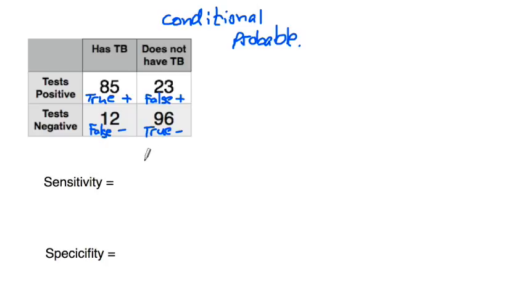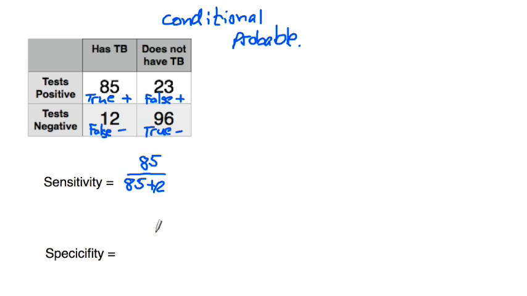So the sensitivity would be the true positives out of all of the sick people, the true positives and the false negatives. So it would be 85 and the 12.